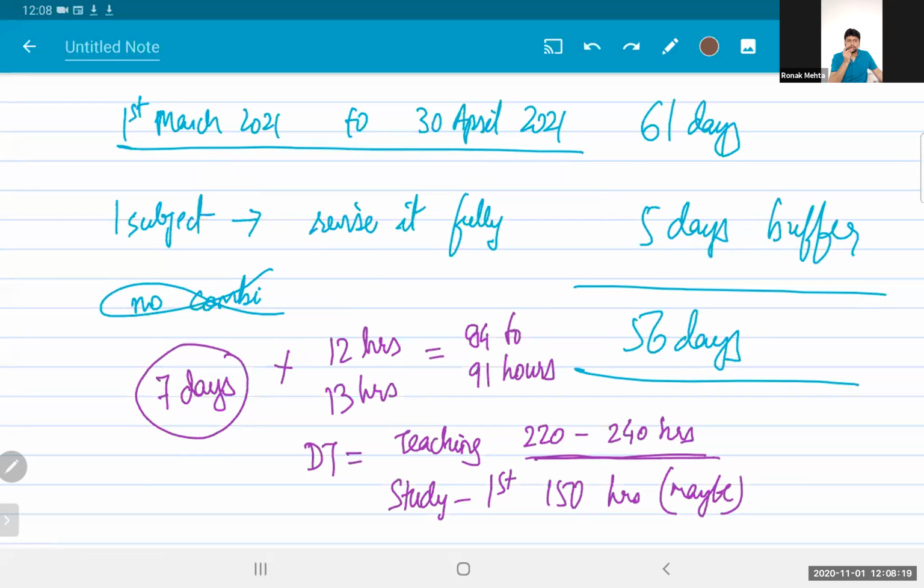Imagine the pressure you will have if you have to study 7 or 8 papers in January and February. Rather than focusing on the preparation, your focus will be that I must finish this much in 10 days, otherwise the other subjects won't finish. Don't put that much pressure on yourself. Manage time a bit in November and December and complete 1 to 1.5 subjects.